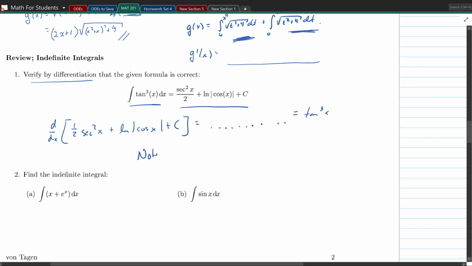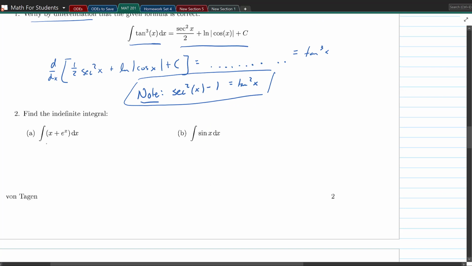Note that you're going to have to at some point use the identity that secant squared of x minus 1 is equal to tangent squared of x. So at some point you're going to need to use this Pythagorean identity on this problem. Other than that, I'll let you try these on your own. This is a fair game problem. So just go ahead and pause the video and work these three problems.